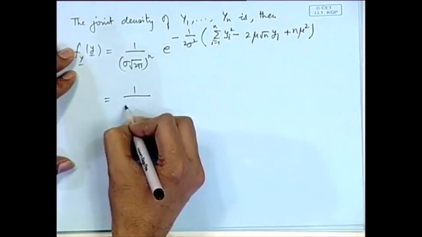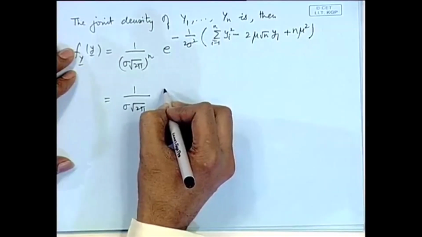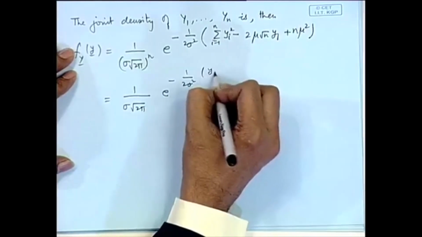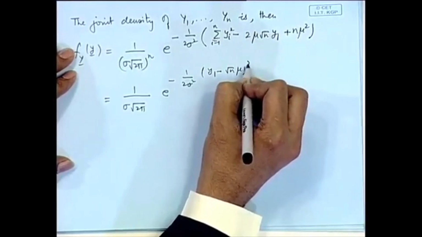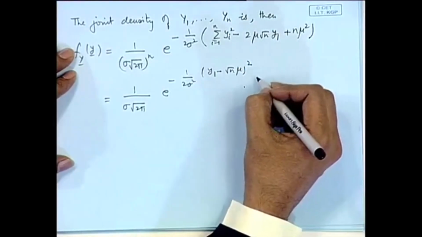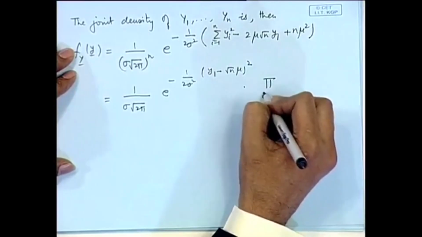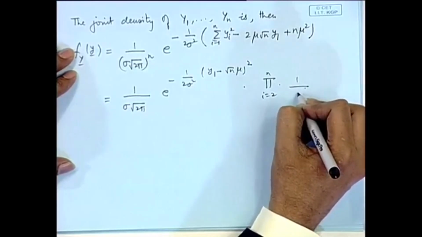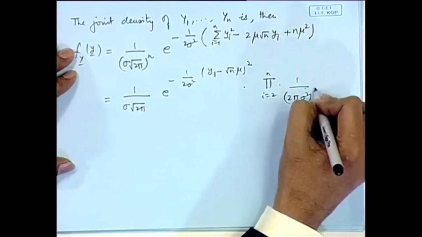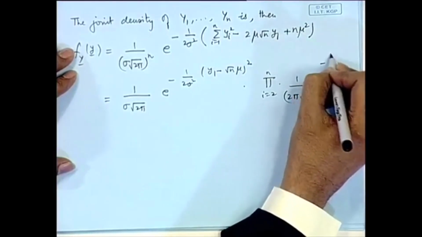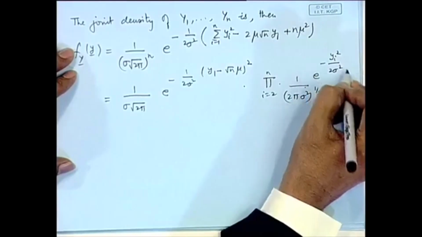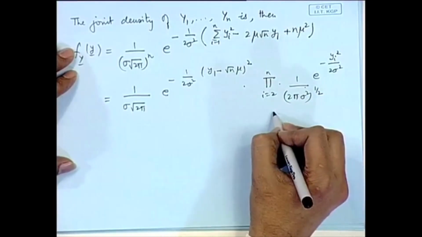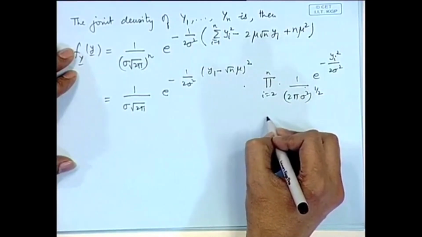So, we can represent it as 1 by sigma root 2 pi, e to the power minus 1 by 2 sigma square (y_1 minus root n mu) whole square, and the other terms we write separately as product i equal to 2 to n, 1 by (2 pi sigma square) to the power half, e to the power minus y_i square by 2 sigma square. The range of the transformed variables, each of these y_i's, are also from minus infinity to plus infinity.